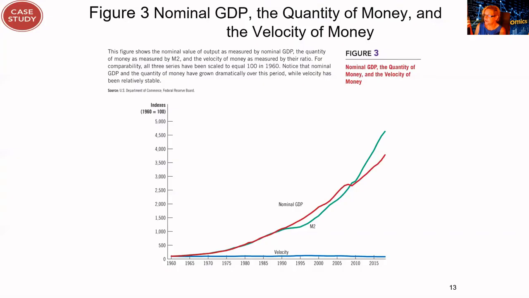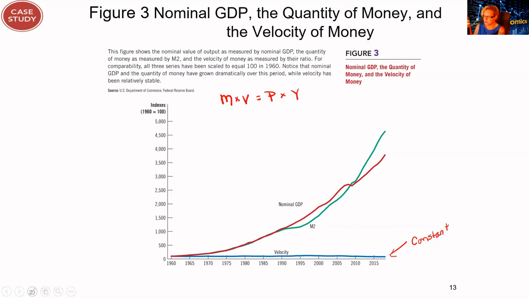Okay, so this graph looks at nominal GDP, the quantity of money, and velocity. Notice that velocity is relatively constant. And this is why we like to say in the equation that money supply times velocity is equal to the price level times real GDP. What changes on the left side of the equation?